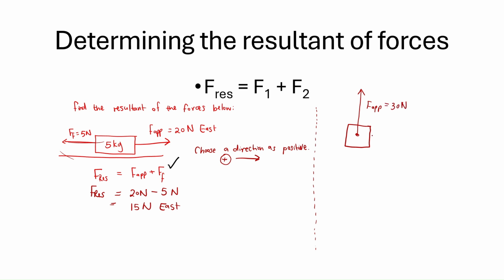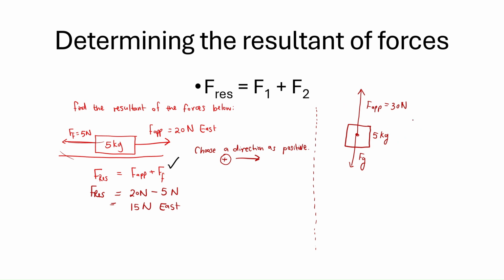The block is going to have a weight of 5 kilograms, and then naturally we are going to have a gravitational force pulling it down. Now I'm not going to give this gravitational force a value, because we know that the mass of the block is 5 kilograms. How do we find the resultant in this case?